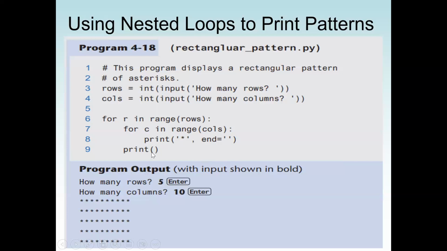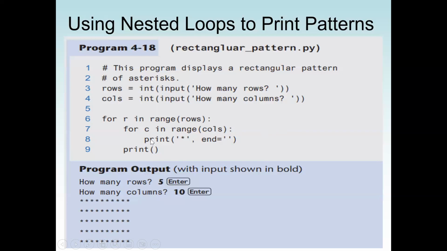What this print does, every time the number of columns is finished, is move the cursor to the next line. If we don't have this print here, all the asterisks would be on one line. So again, for R in range 5, because the input is 5, for C in range 10. We start from 0 and go to 9.